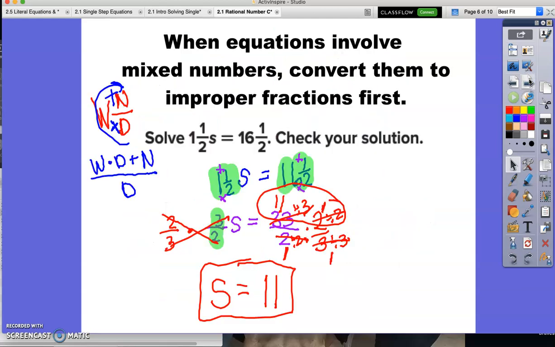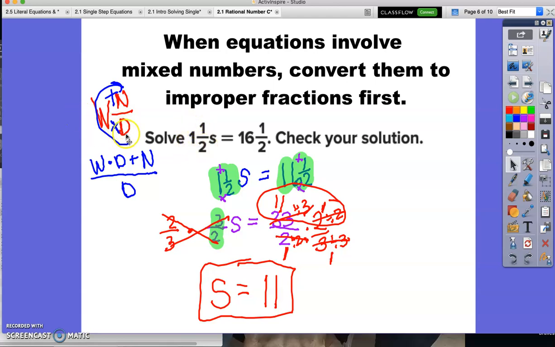All right, our next one is going to be with mixed numbers. If you ever have mixed numbers, you want to always change them to an improper fraction. So let's review how to change it to an improper fraction. So your whole number is your big number. Then you have your numerator and denominator.